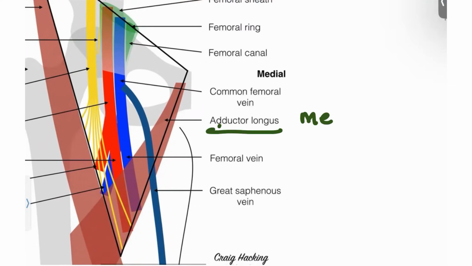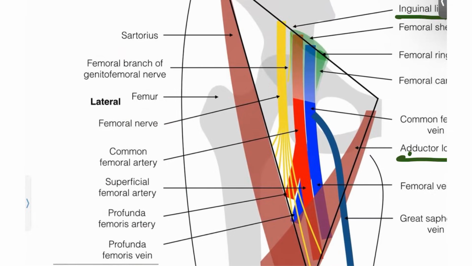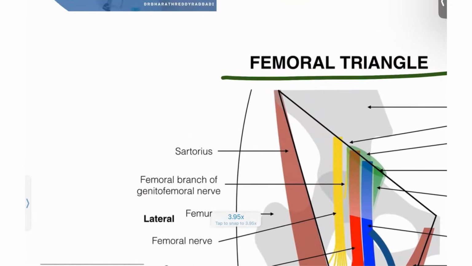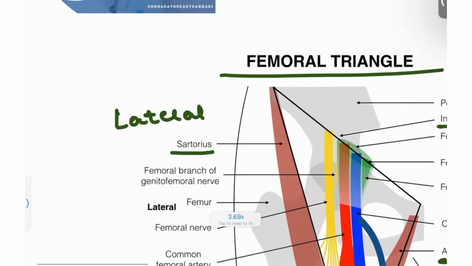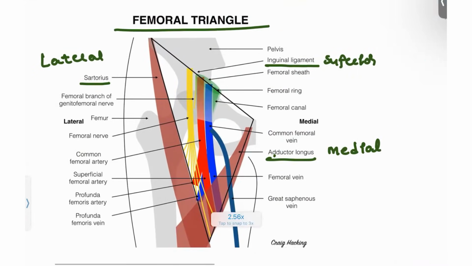And the lateral border is the sartorius muscle. These are the three important borders. Superiorly we have the inguinal ligament, medially the adductor longus muscle, and laterally the sartorius muscle.